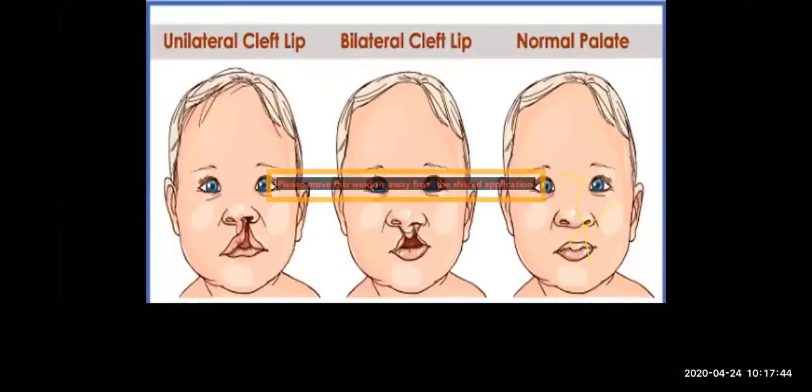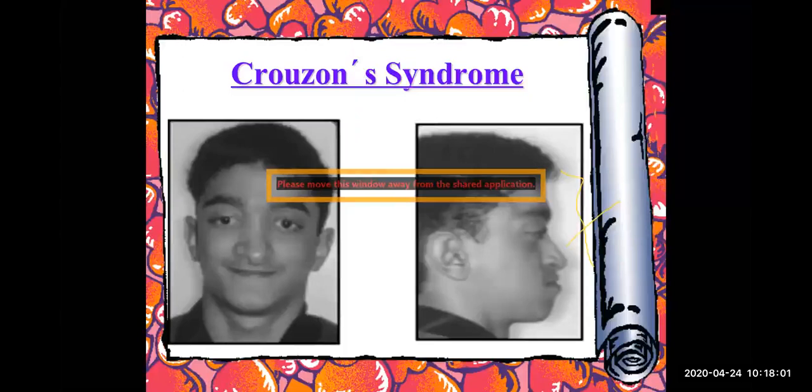So the cleft, that is a separate talk for you, the cleft lip and palate. The second part of your final year, we will get into these details. The cleft lip and palate, you can see here the unilateral and bilateral cleft lip. Then the syndromes, all the various syndromes.